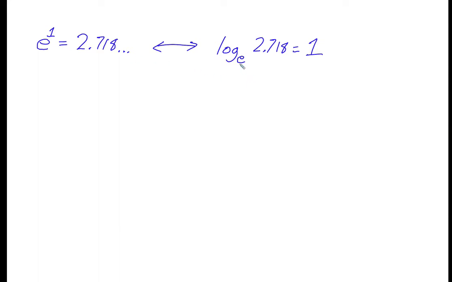The base comes down here. What was the output from the exponential is what we're taking the logarithm of. And the 1 that was the exponent, that's our output on the logarithm. However, historically, the log base e gets its own special name. The log base e is called the natural logarithm. Natural logarithm is log base e.